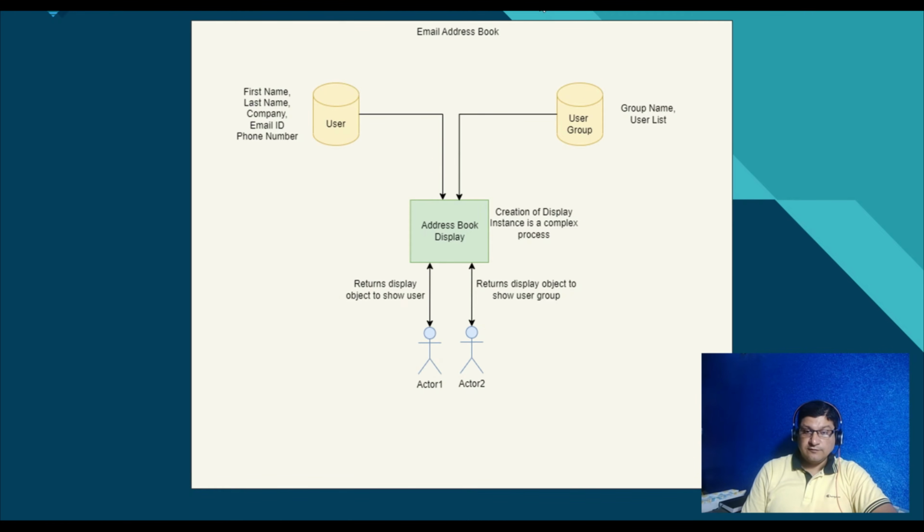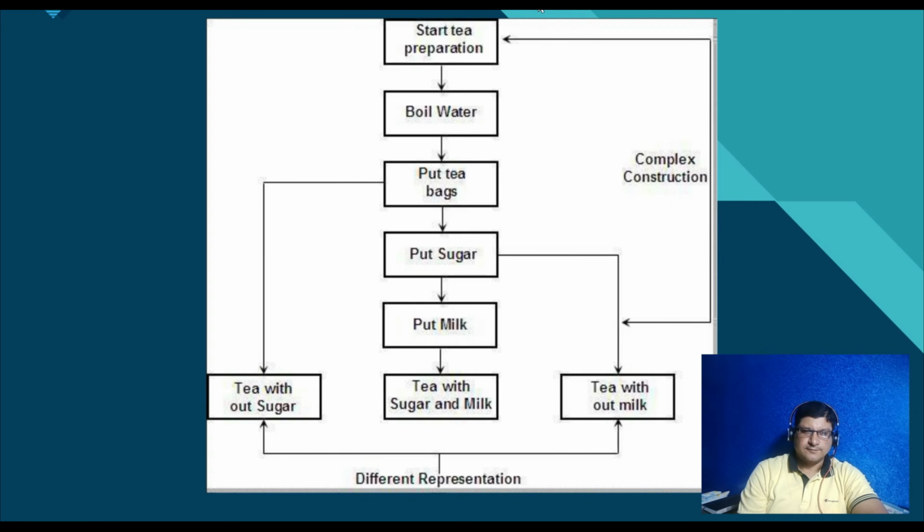On the other hand, for a user group, the display screen shows group name, user list, etc. Hence, for user info you get one display screen, and for user group you get another display screen. So the main objective is to separate the construction of the object and its representation. If we are able to separate the construction and representation, we can get many representations from the same construction process.